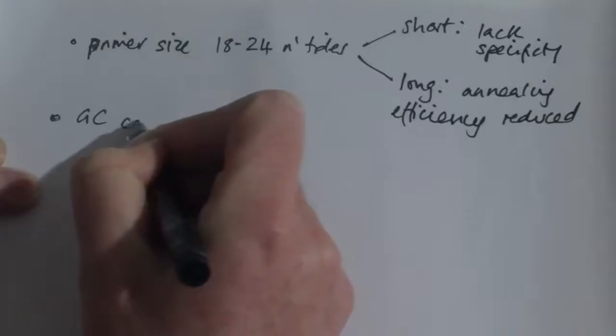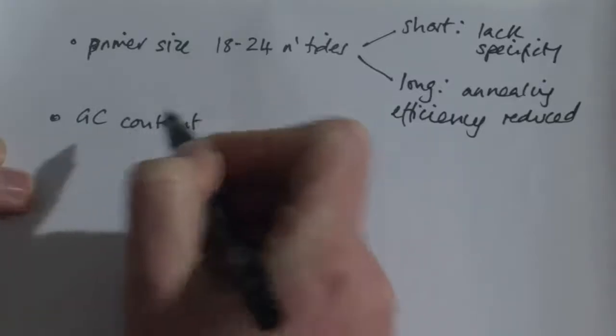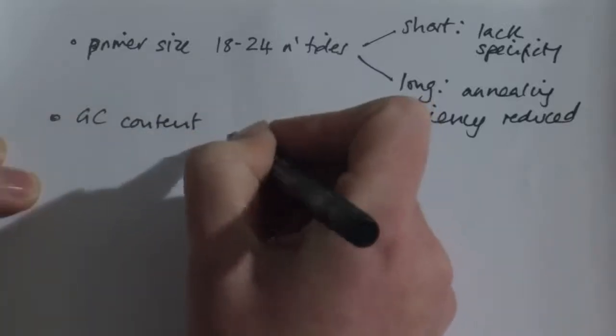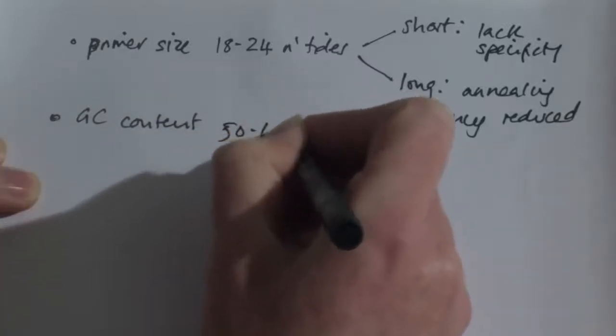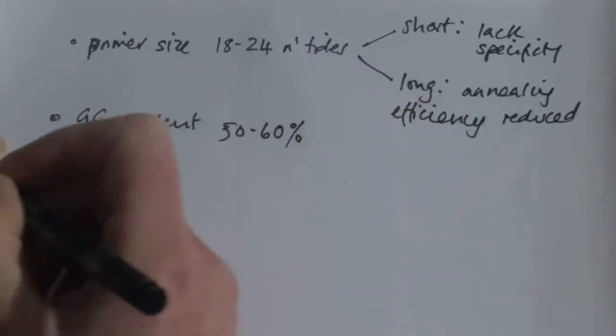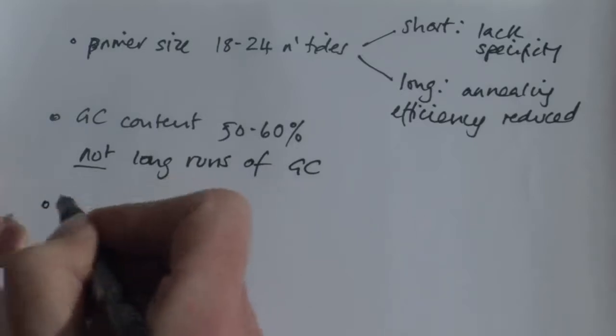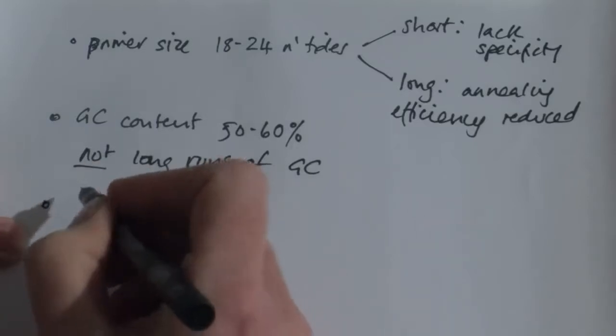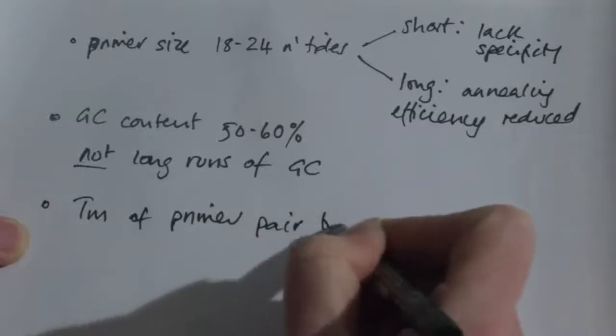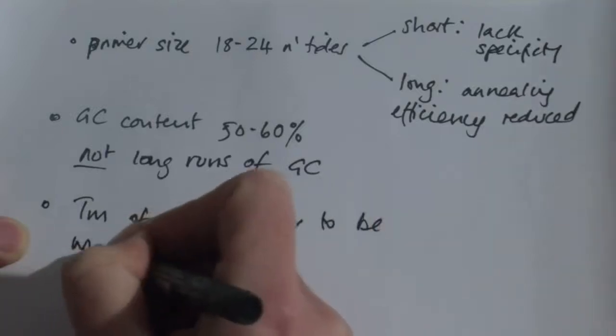We would also have to consider the GC content of our primer, which we would want to be in the region of 50 to 60% GC. I don't want long runs of GCs, and the GC here will affect the TM of the primers as well, our melting temperature. And we want the TM of the primer pair to be within 5 degrees of each other.